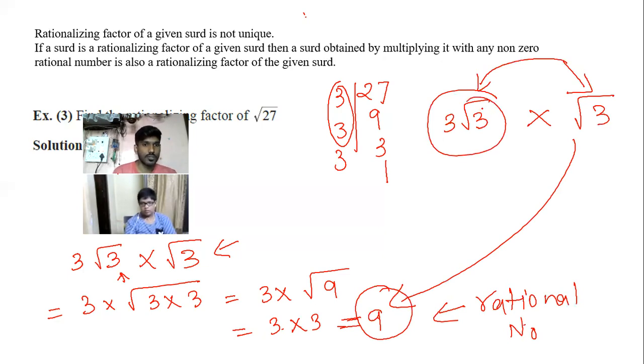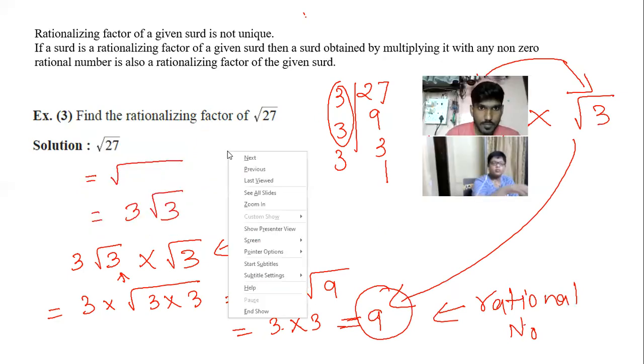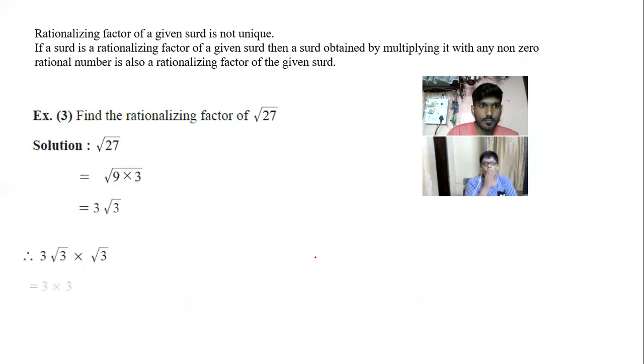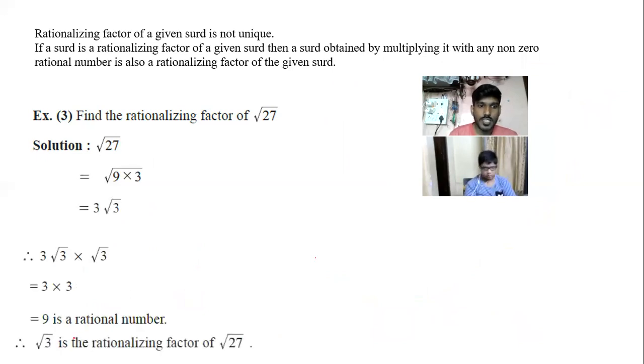Did you understand this much? So root 3 is a rationalizing factor of root 27 or 3 root 3, one and the same thing.